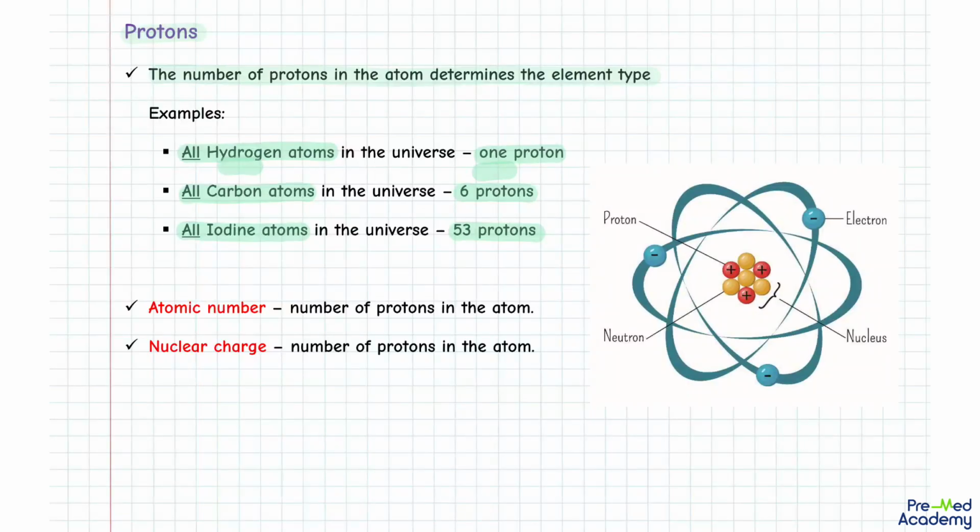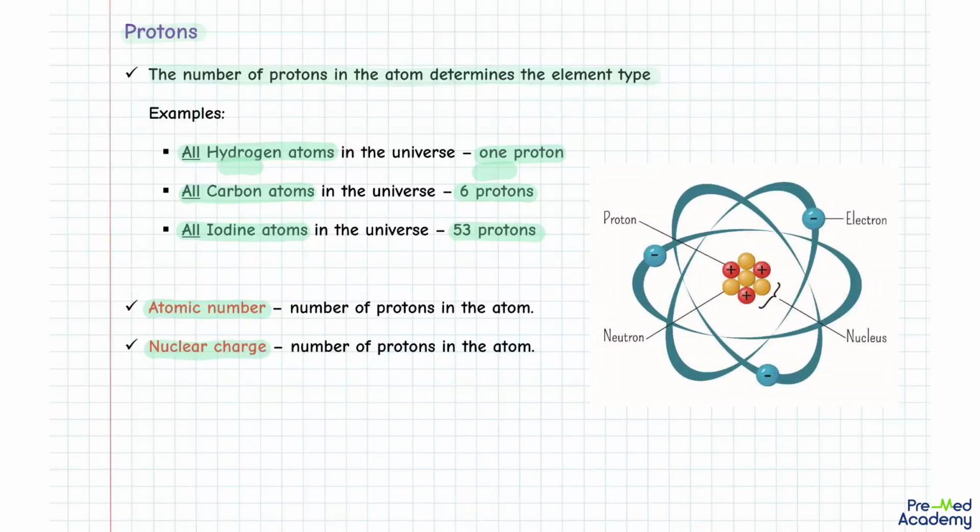Now let's talk about two important terms. The first term is atomic number, and the second term is nuclear charge. In the end, they both actually tell us how many protons there are in the atomic nucleus. But let's understand why. An atomic number basically tells us the type of atom, or in other words, what the element type is.